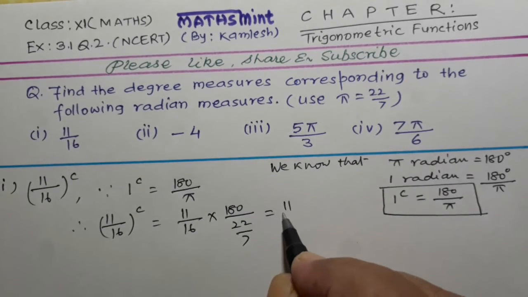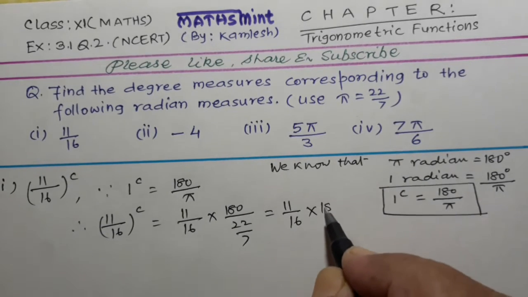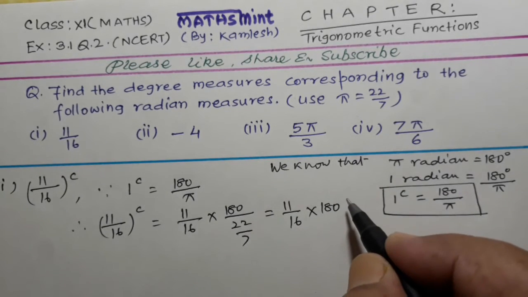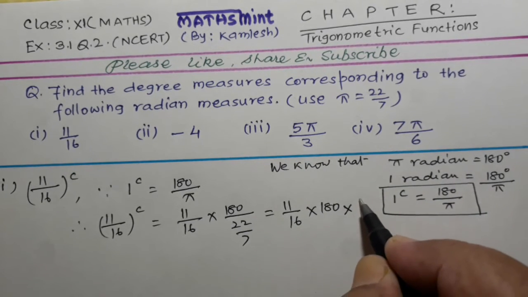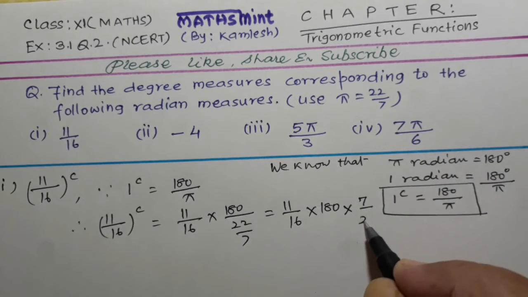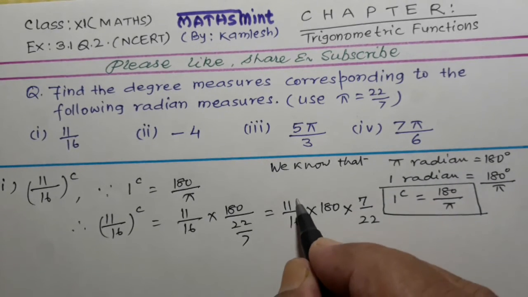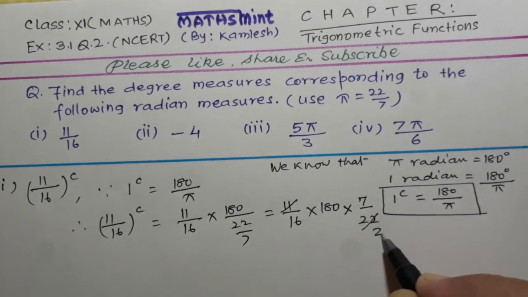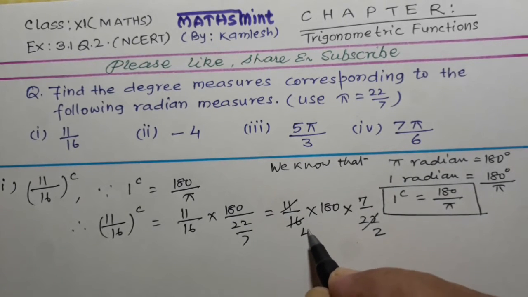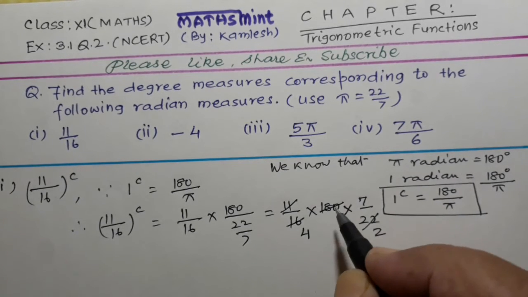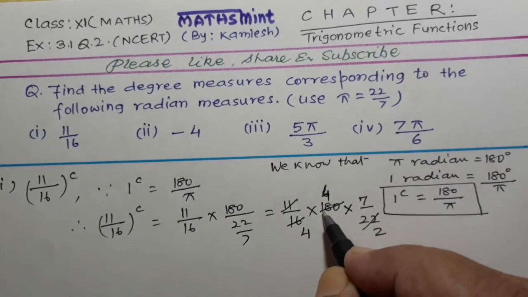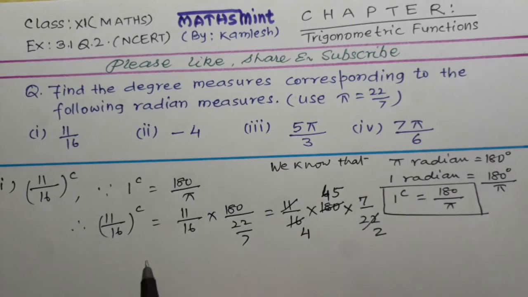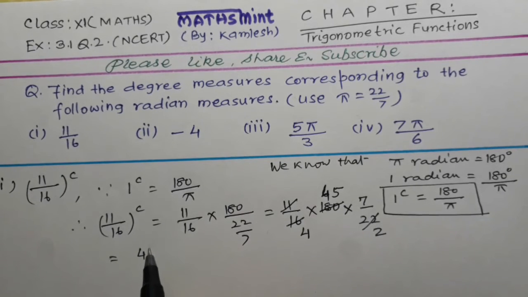The denominator will change into numerator and this division will be changed into multiplication, so it will be 7 by 22. This 11 will be cut by 22, it will be 2, and this will be cut by 4, it will be 4, and 4 into 4 is 16, 45. So finally we have 45 into 7 by 8.